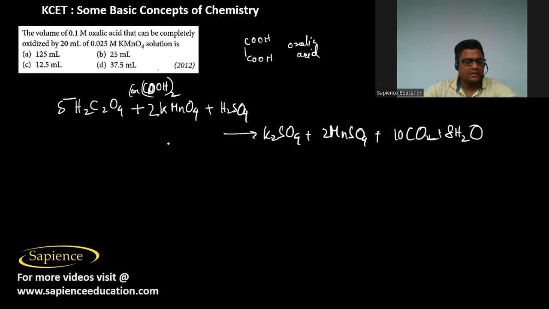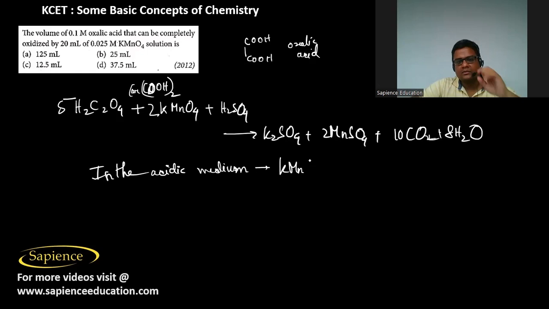Or we can say it like this also, that in the acidic medium, KMnO4 will change into Mn2 plus ion.